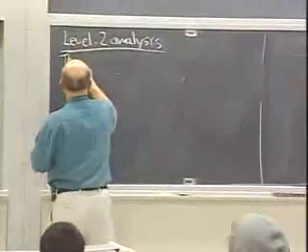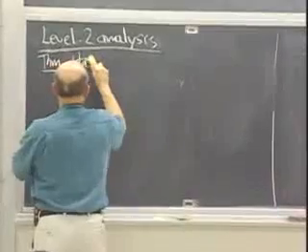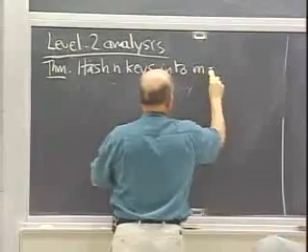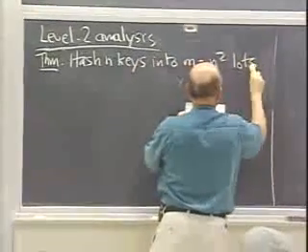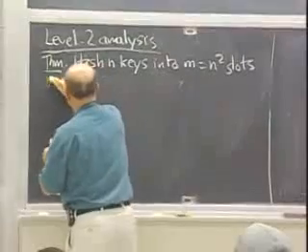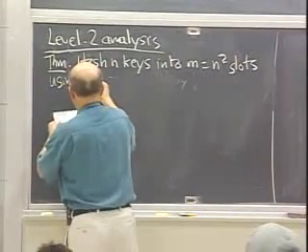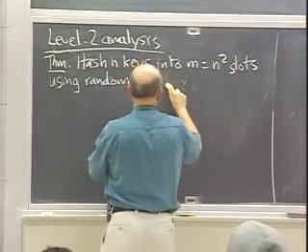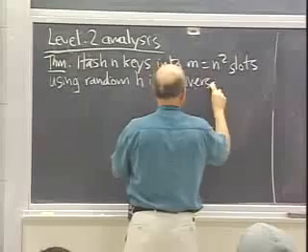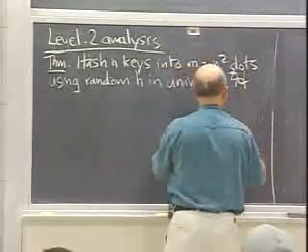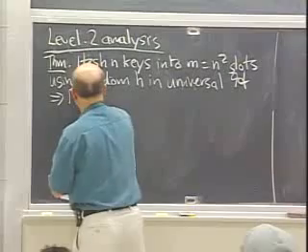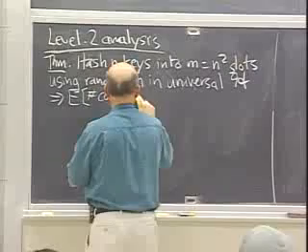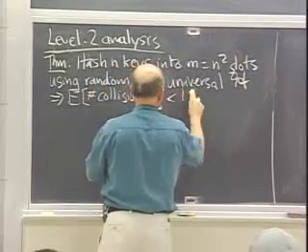So here's the theorem we're going to use. If I hash n keys into m equals n squared slots, using a random hash function in a universal set H, then the expected number of collisions is less than 1/2.